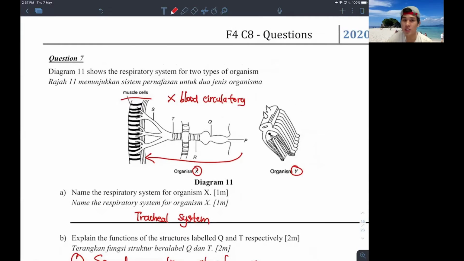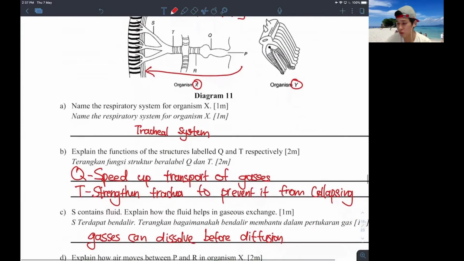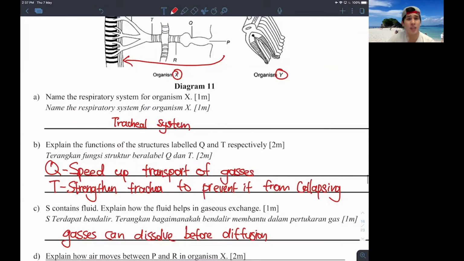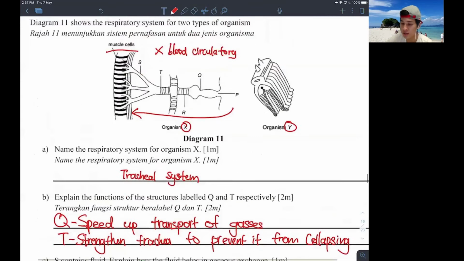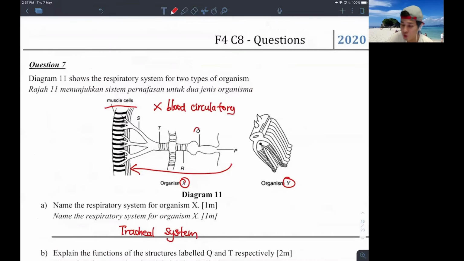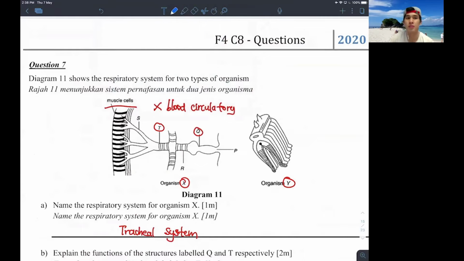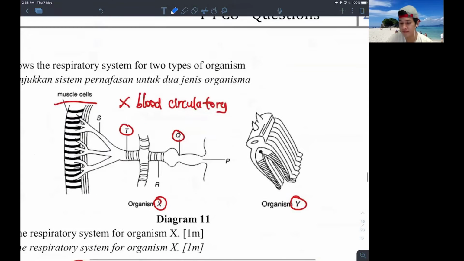Most of the questions here I already put answers in, to speed up the process. So B, the functions of the structures labeled Q and T. Before we go through the answers, remember what Q and T are called? These two I did mention in the notes last week. What's Q called?